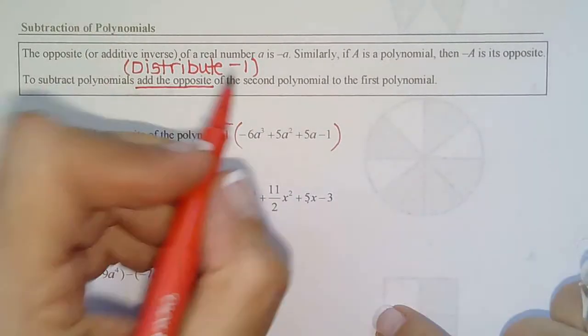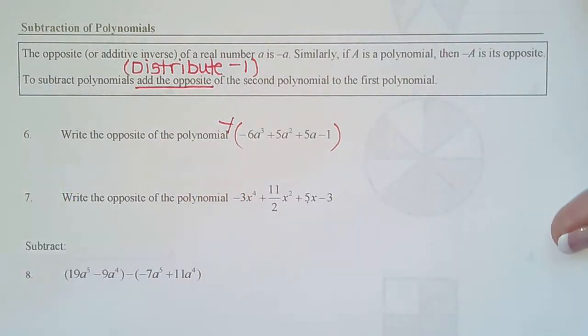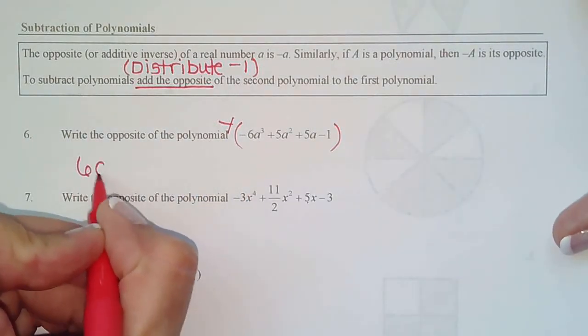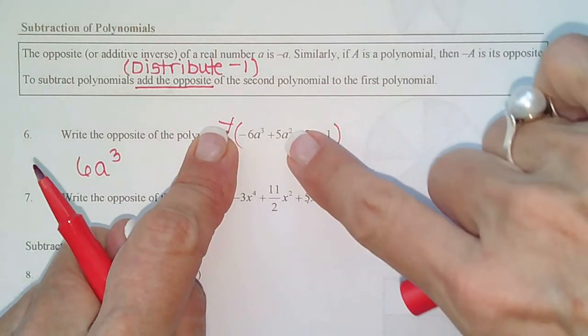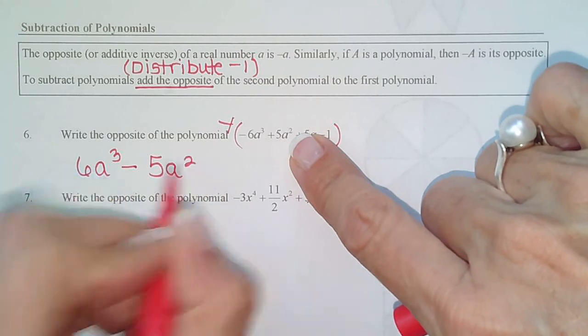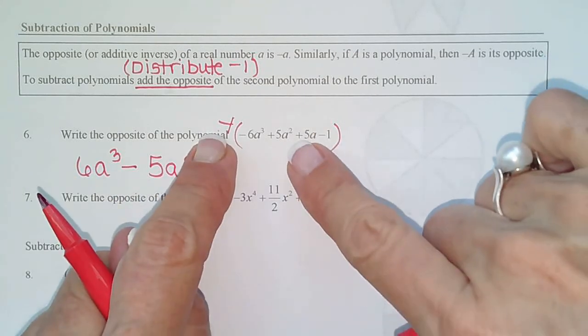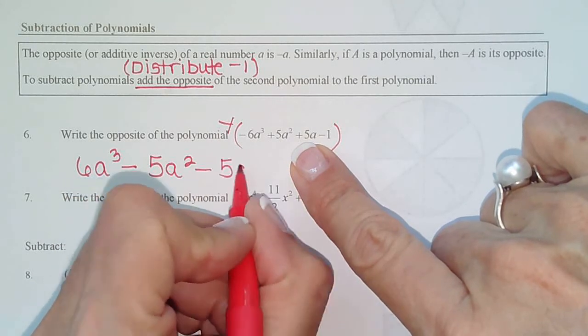So we say negative 1 times negative 6 is positive 6a cubed. Negative 1 times positive 5 is negative 5a squared. Negative 1 times positive 5a is negative 5a.